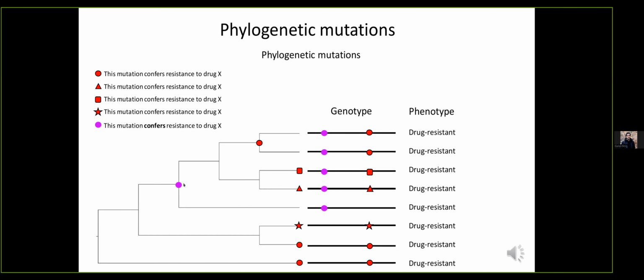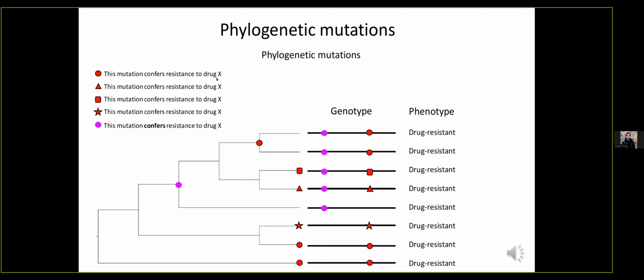We call phylogenetic mutations those mutations, again, I repeat, that are shared by many different strains only because they all descend from the same ancestor. But it might be that some mutation has a biological effect, because all mutations can have a biological effect, not only in drug resistance but in many other things.